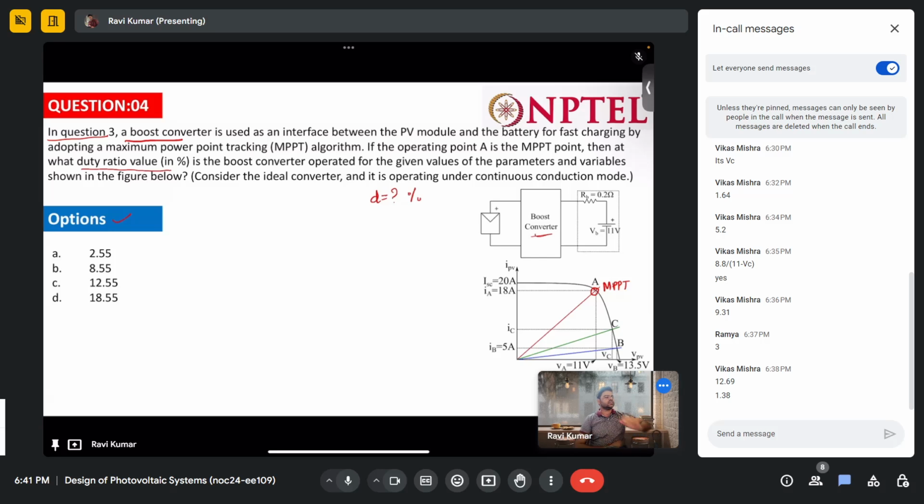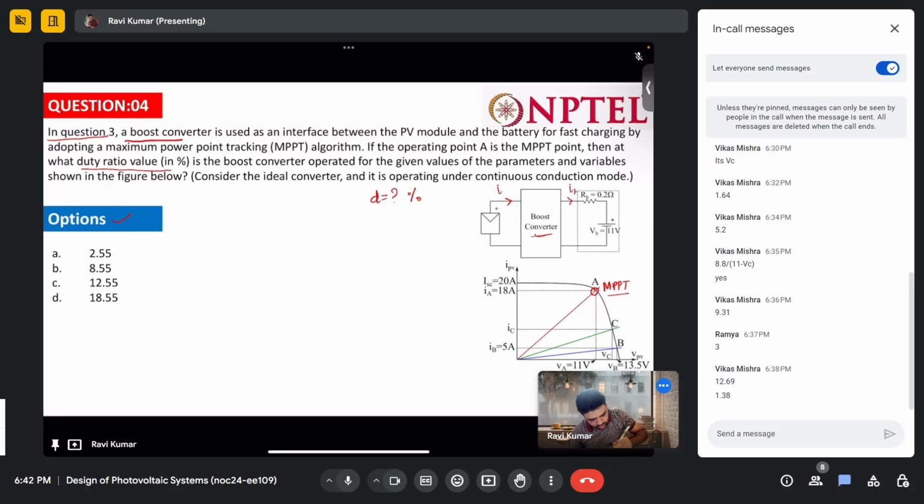It is just asking, if this is the condition and the MPPT tracker is working here, then what should be the condition of D. So simple. See, here some current will be there, I, and here some current will be there, I. We take IB because it is the battery current, and this is the current from the PV module, and this PV module is at MPPT. So what is the current at MPPT?